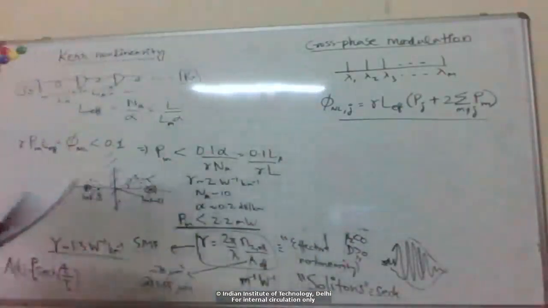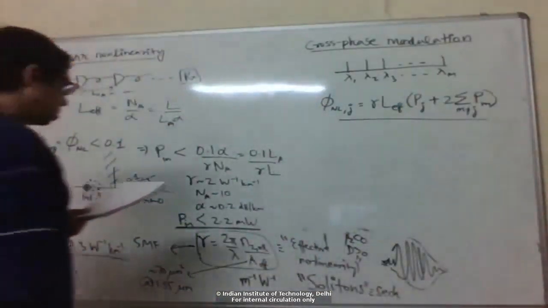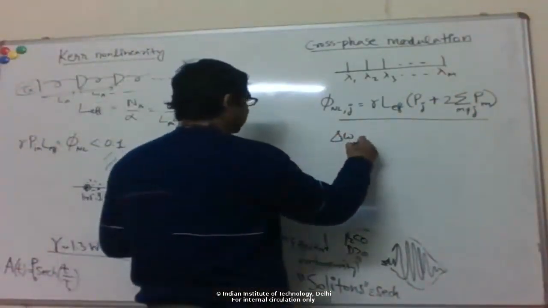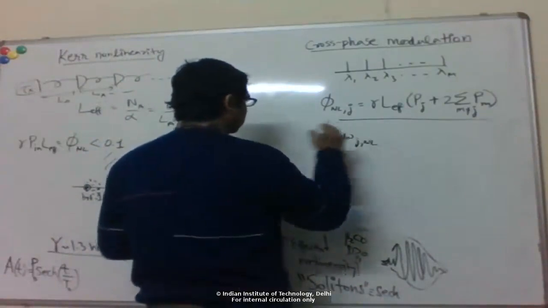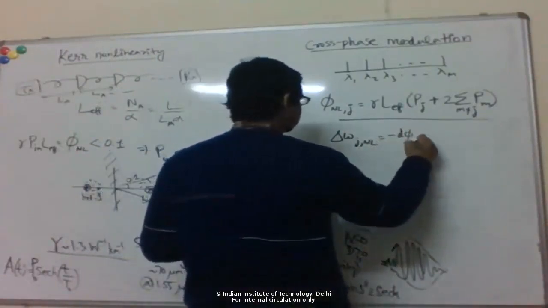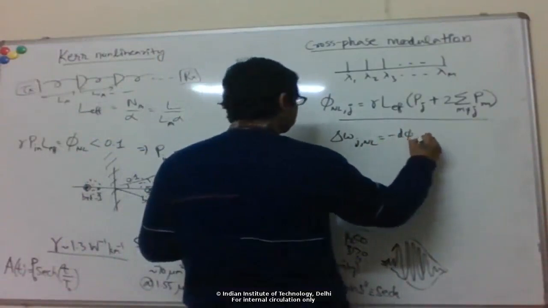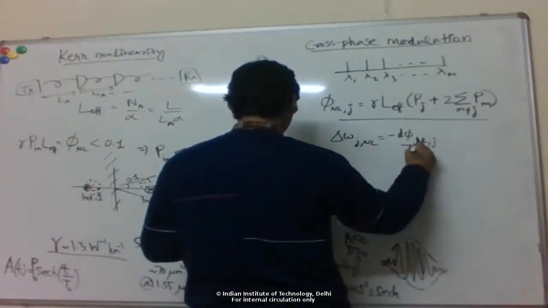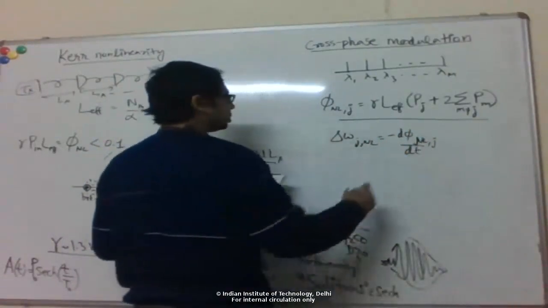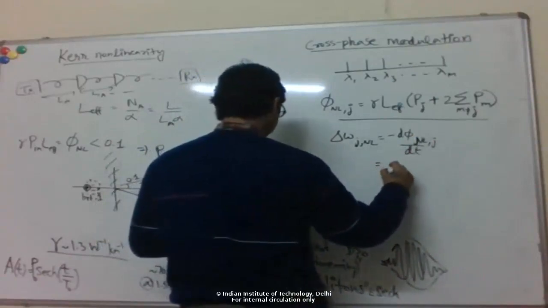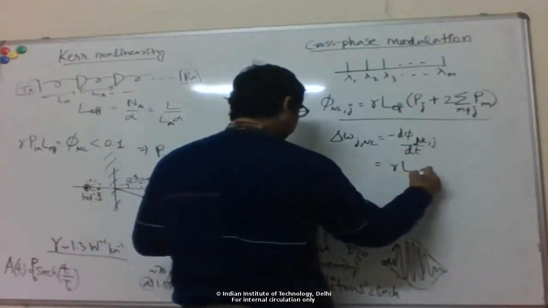All the other channels are affecting me now more. So again, you can see that there will be a corresponding chirp or frequency shift, which will again depend on the derivative of these pulse shapes here.